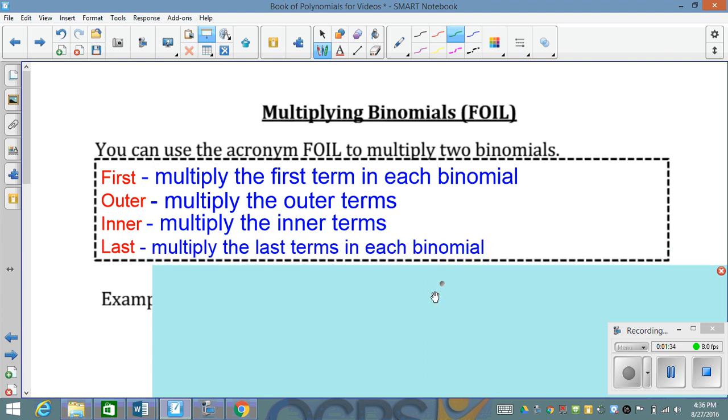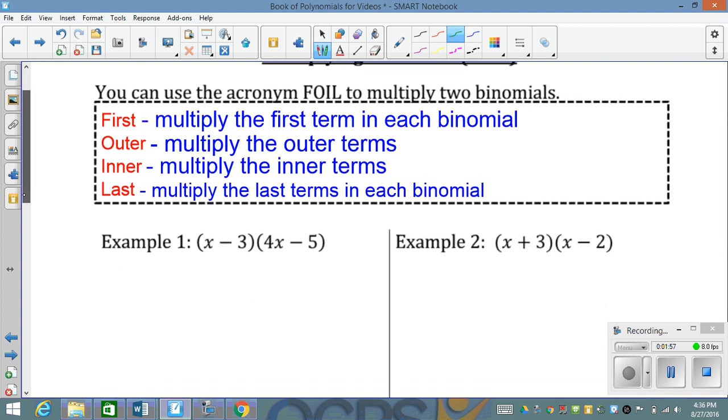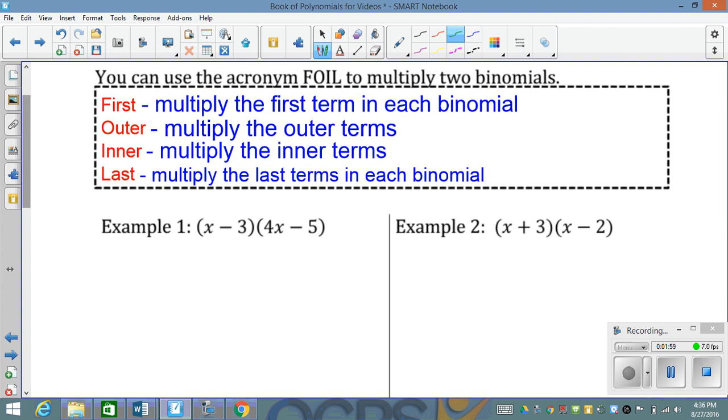And last, you're going to multiply the last terms of each binomial. So again, it's first, outer, inner, last. Multiply the first term in each binomial, multiply the outside terms, the inside terms, and then the last terms. Okay, now as we do this, I'm also going to talk about how it really is just the distributive property used twice.